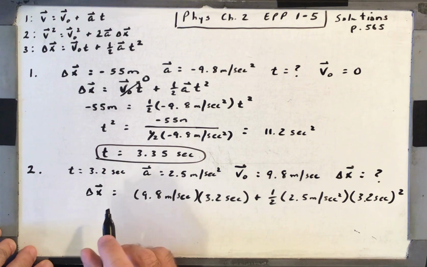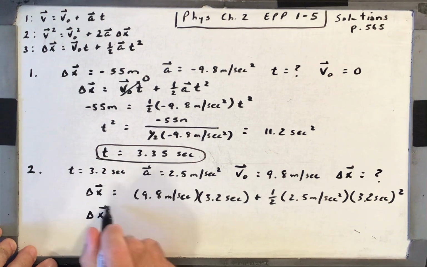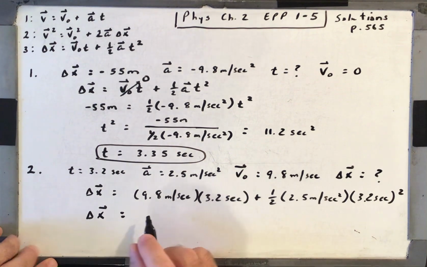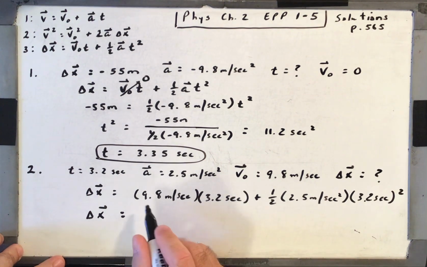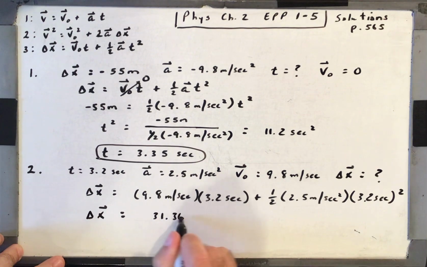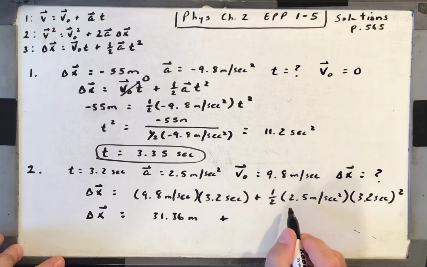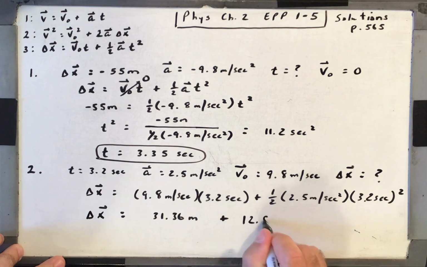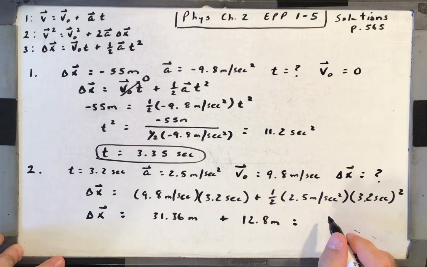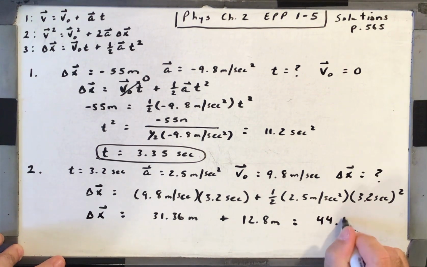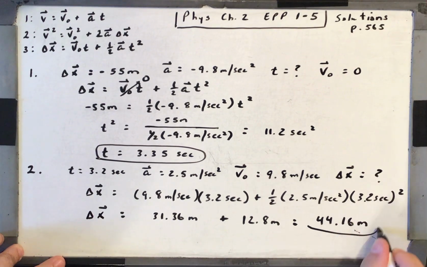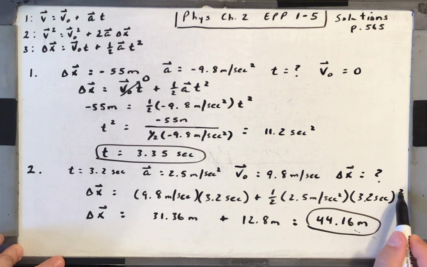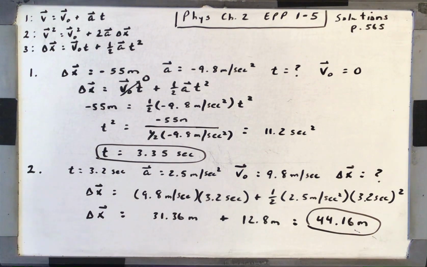All right, so delta x, if you do them separately, you certainly don't have to do that, but in case you missed it, I'm going to go ahead and write down these numbers. 31.36 would be the left side, and then the right side would be 12.8. So add those two together and you get 44.16 meters. So not a hard problem. What I see all the time students mess up with is they forget to square the time in the second part of that equation.